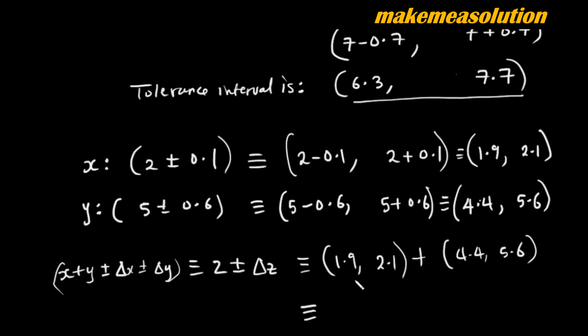Let's try it out. 1.9 plus 4.4 is 6.3, and 2.1 plus 5.6 is 7.7. So yes, whenever we are adding two measured values, we discover that their ranges add up. Lower range to lower range adds up, upper range to upper range adds up, and we finally get our answer.